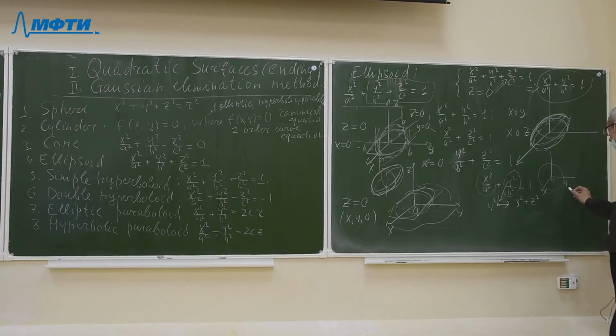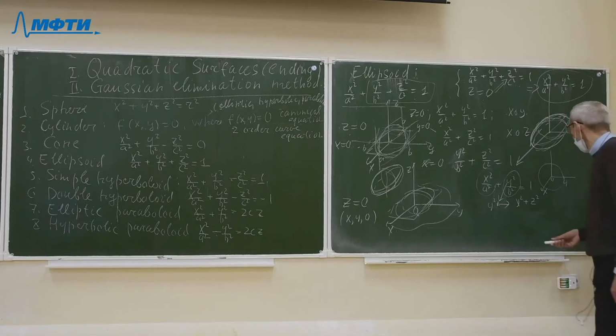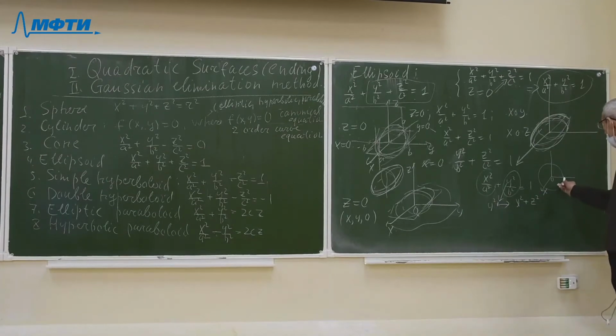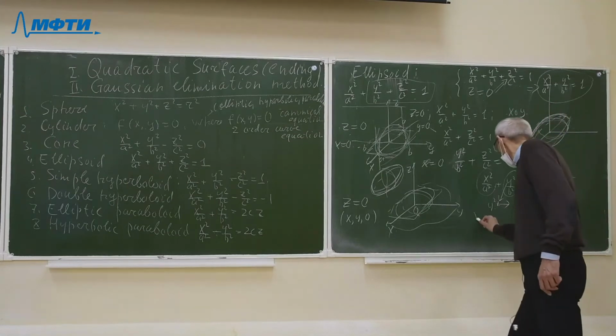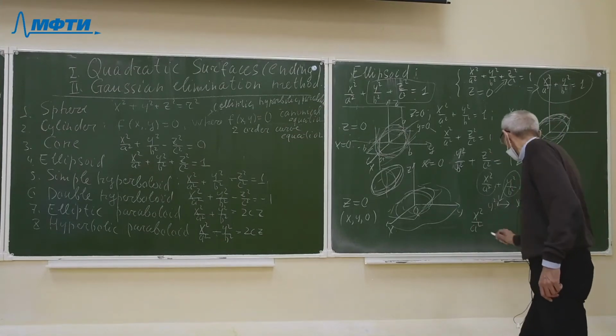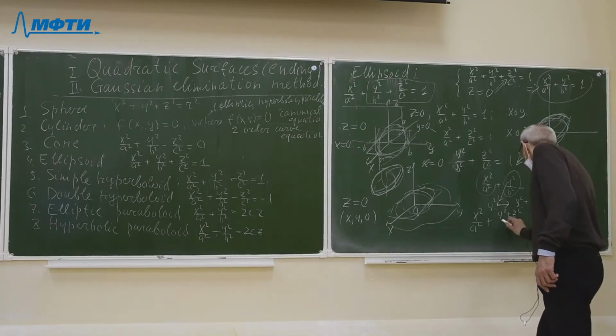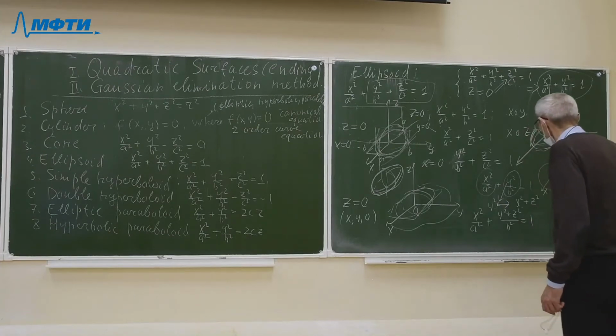If this coordinate is, for example, equal to b, if we rotate this point, we obtain the point with coordinate such that y squared plus z squared equals b squared. And we substitute this expression into this equation, and we obtain the so-called rotation surface: x squared divided by a squared plus y squared plus z squared divided by b squared is equal to 1.